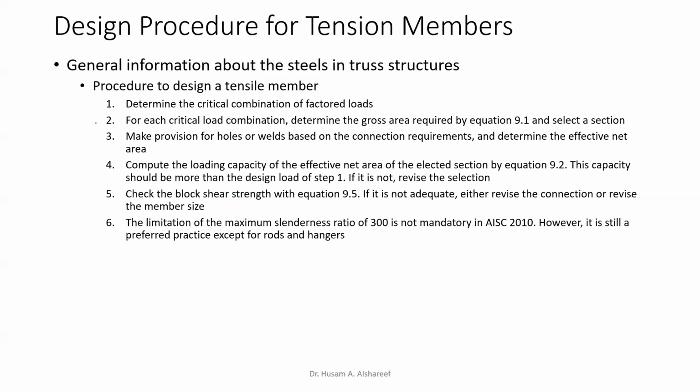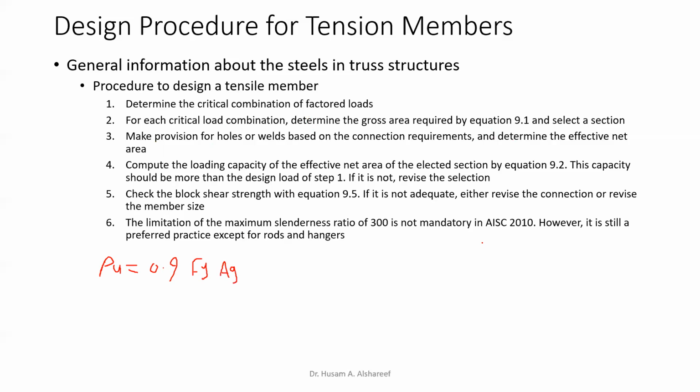Step number 2 is for each critical load combination, determine the gross area required by equation 9.1 and select a section. Now, as far as equation number one, if you remember, it's Pu equals 0.9 Fy times the gross area.